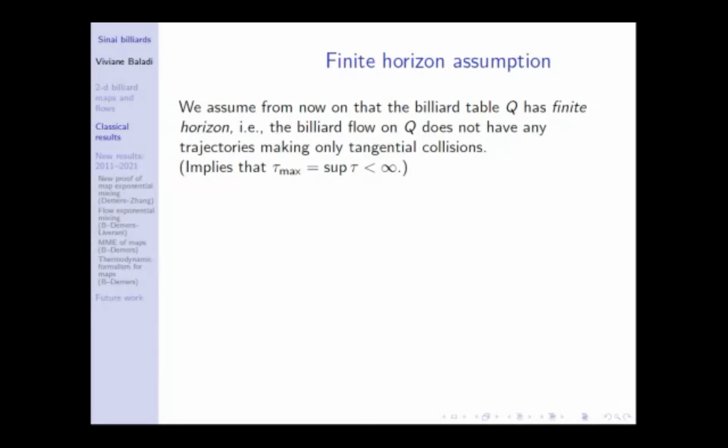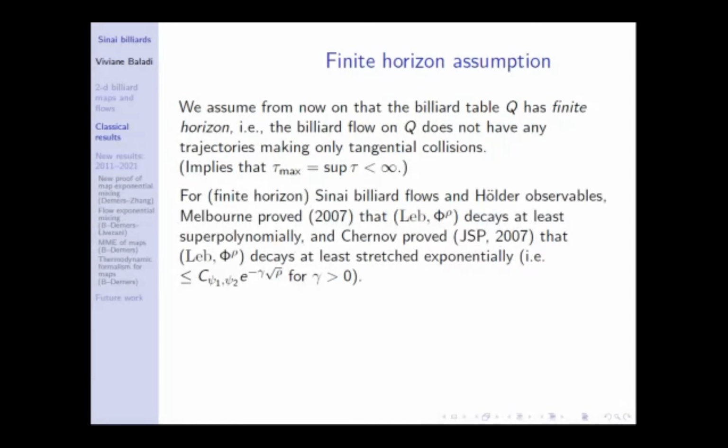So now we assume that there's finite horizon, and this implies that the tau max, the maximum free flight time, is finite. Okay, and now let's try to think about the billiard flow, which maybe is more natural from the physical point of view.